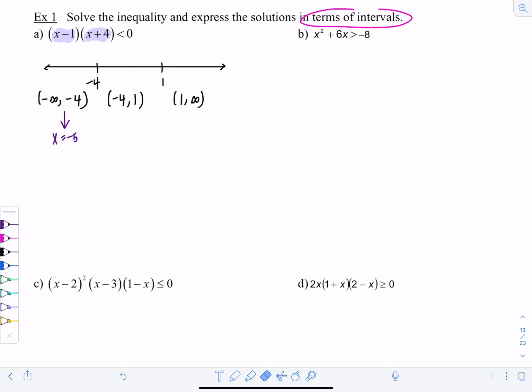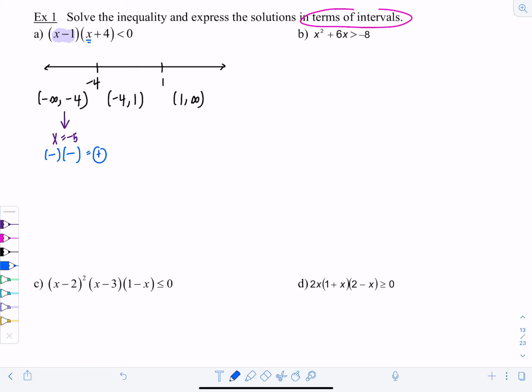If I plug -5 into this first factor, x minus 1, -5 minus 1 is going to be negative. And then -5 plus 4 in the second factor, that's also negative. So a negative times a negative means I'm going to have a positive value if I substitute in x equals -5.